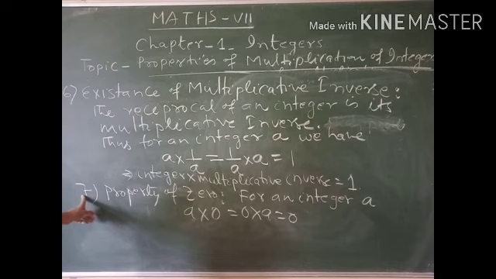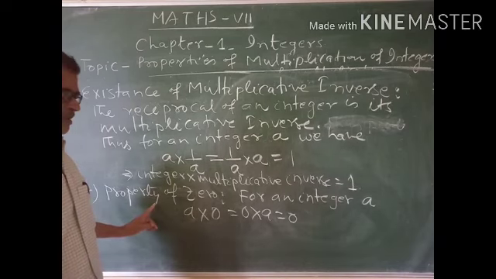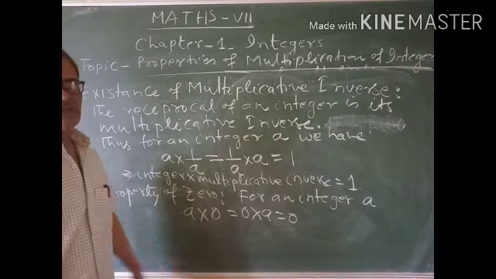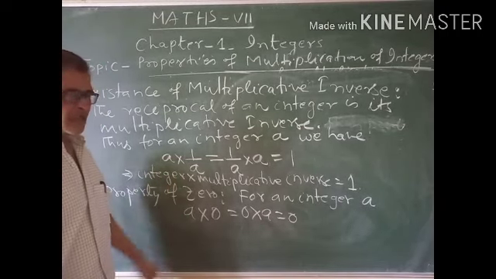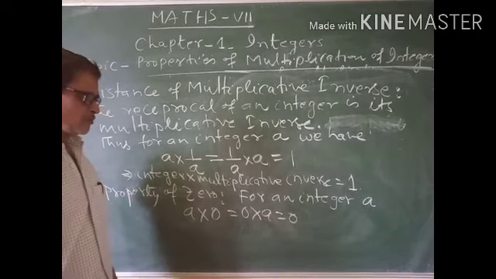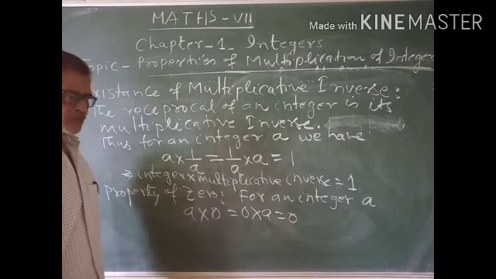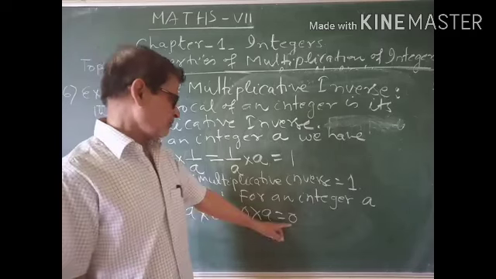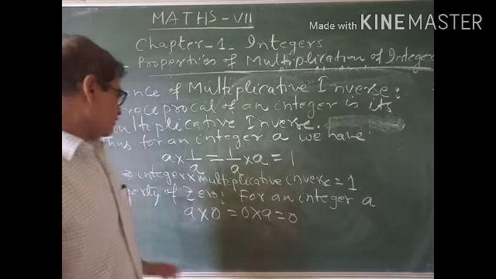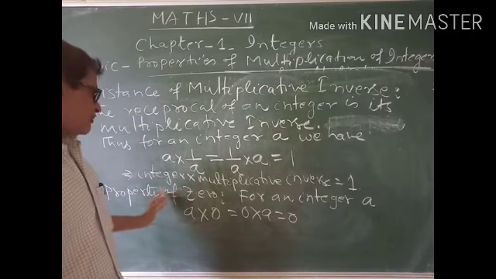The seventh and last property is property of 0. You know very well, if any number is multiplied by 0 or 0 is multiplied by any number, the product is always equal to 0. So this is property of 0.